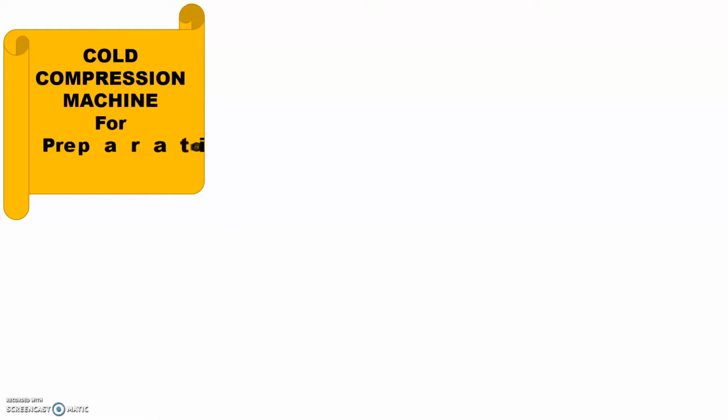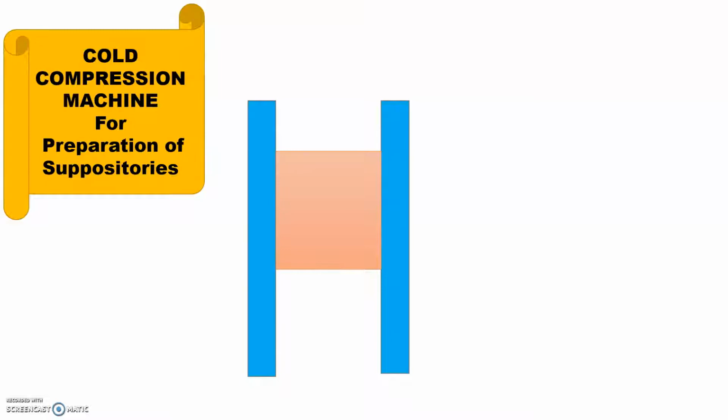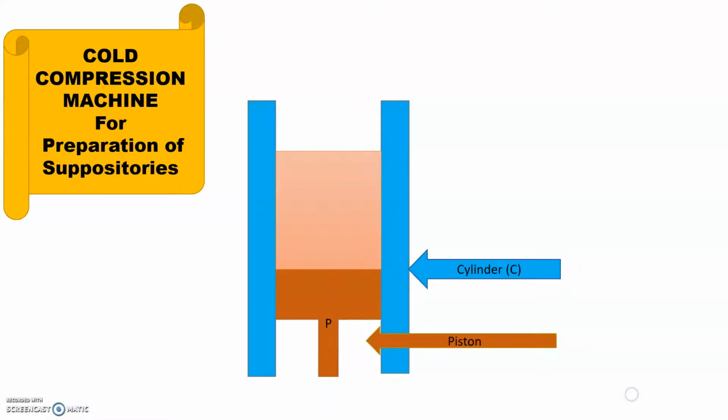Now let us see the diagram of cold compression machine. As we have seen, it consists of a cylinder which is represented by symbol C to which a piston is attached.